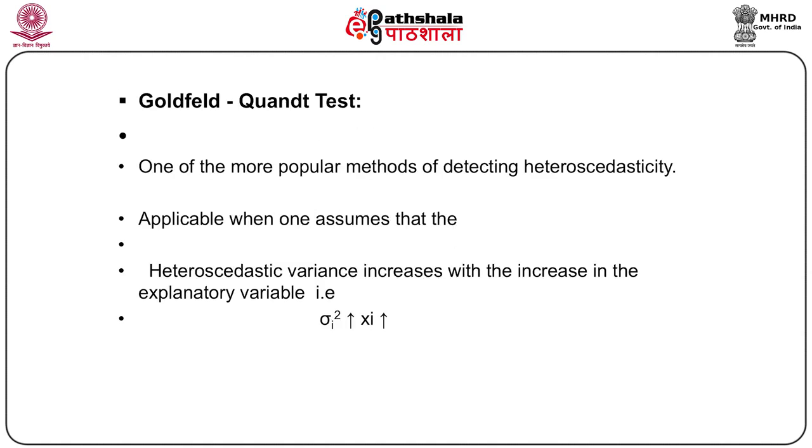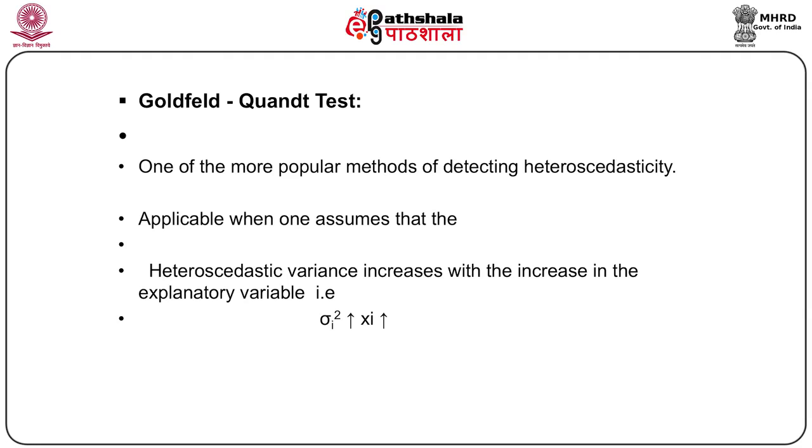Hence, there is no evidence of heteroscedasticity present. Moving on to the next formal method of detecting heteroscedasticity, we will discuss the Goldfeld-Quandt test. The Goldfeld-Quandt test is one of the more popular methods of detecting heteroscedasticity. This method is applicable when one assumes that the heteroscedastic variance sigma i square increases with the increase in the explanatory variable.